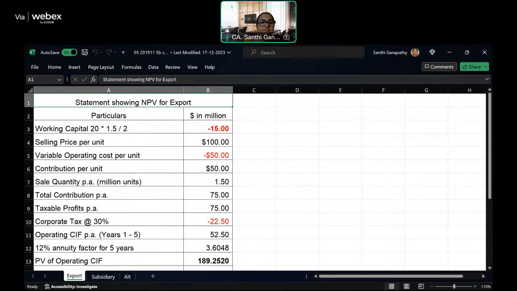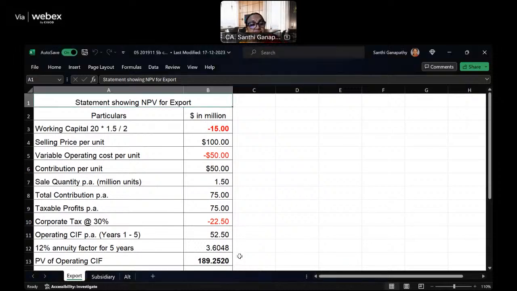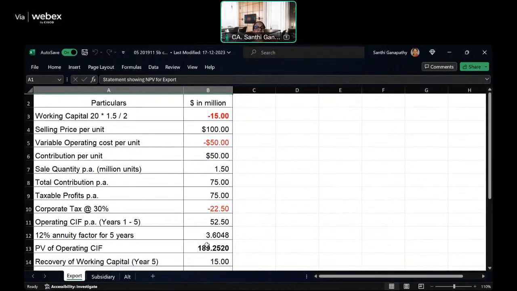So is this over? What is the present value of operating cash inflow?